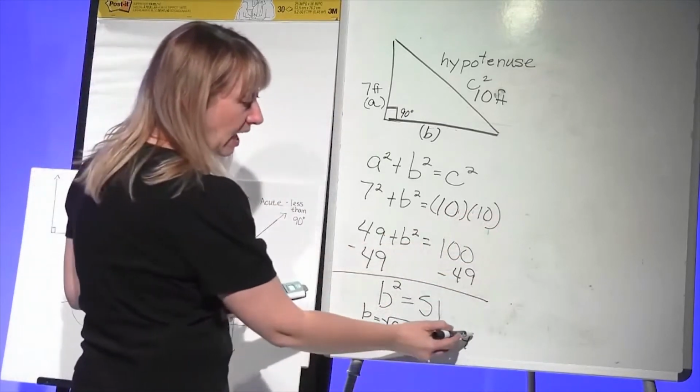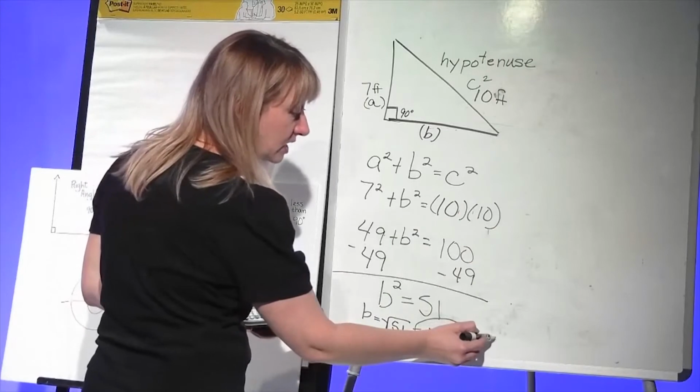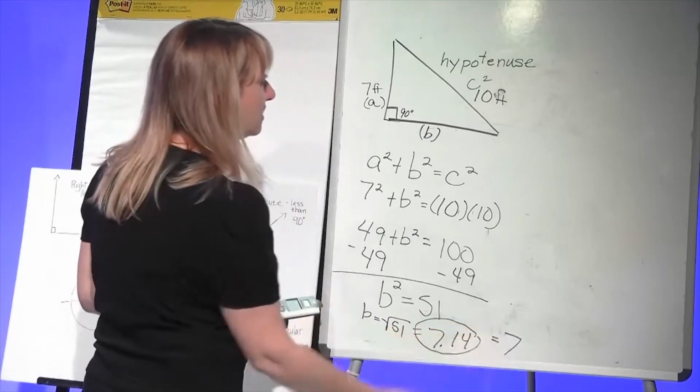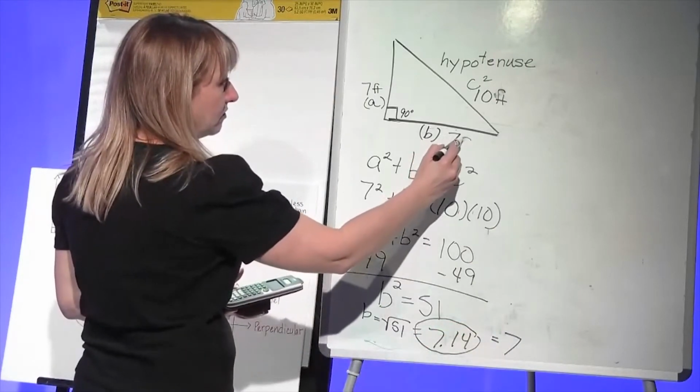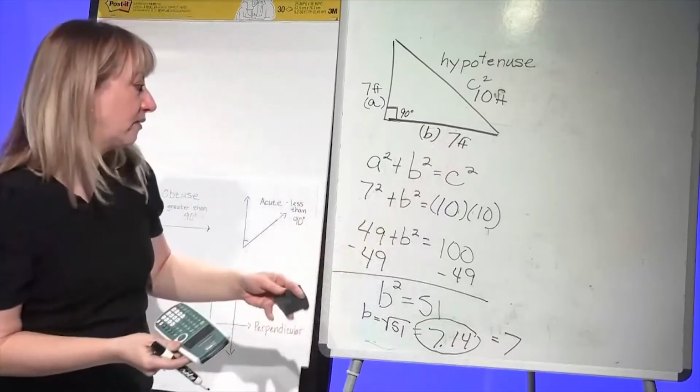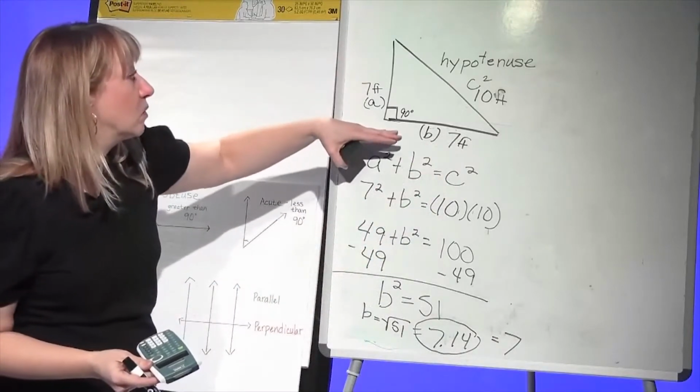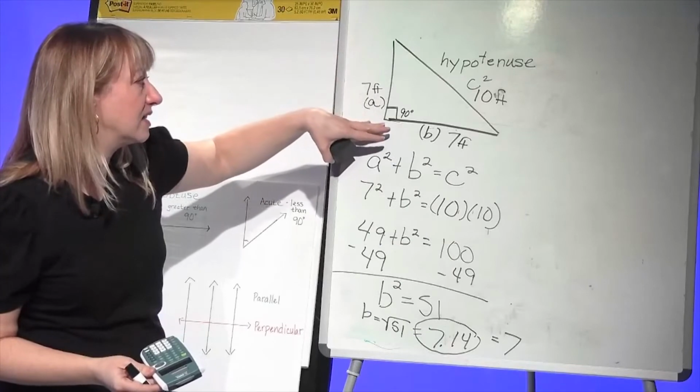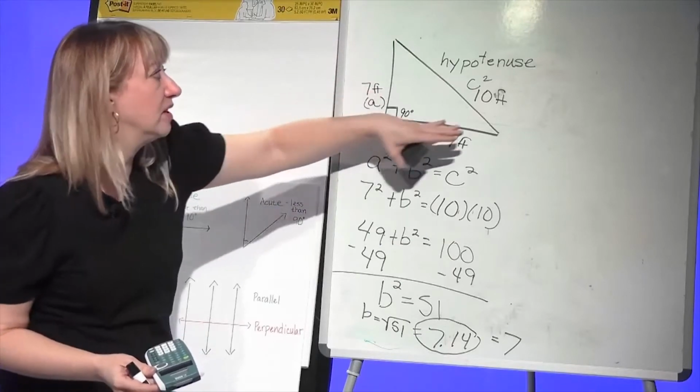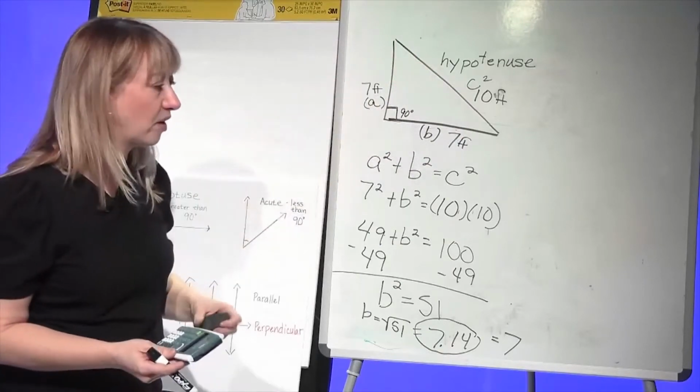So again, it's not a whole number, but we can round it to the nearest whole, which would be 7. It's not exact, it would be 7.14, but that makes sense because the numbers are all close to each other. They're not too far apart.